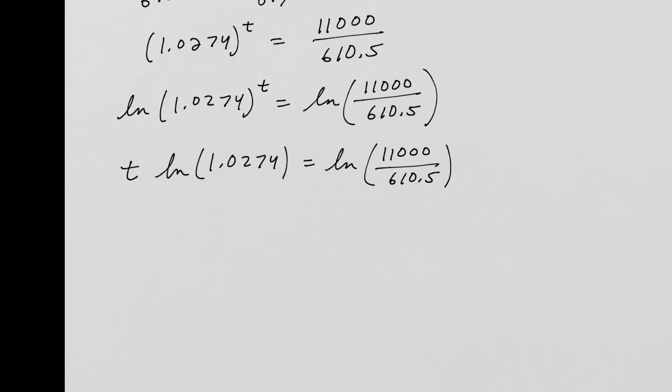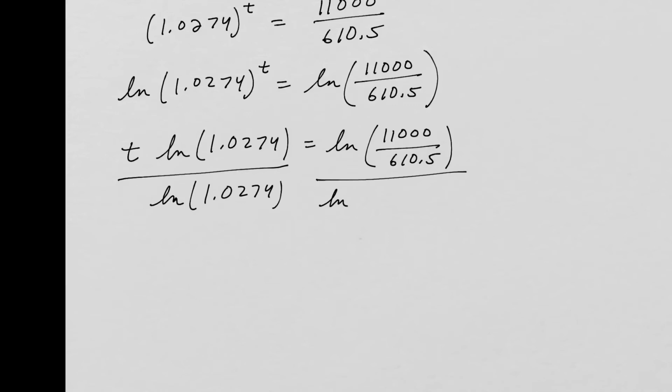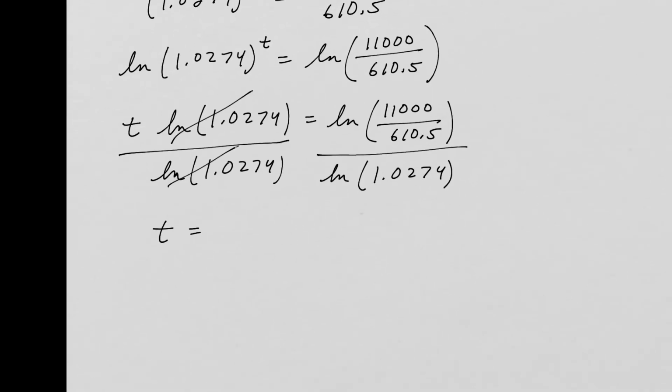And then all I need to do now to get t is just to divide by natural log of 1.0274, right, both sides. So that will cancel, and in t, if you work that out on your calculator, so here you definitely have to plug this into your calculator, you're going to get around 106.96 minutes.